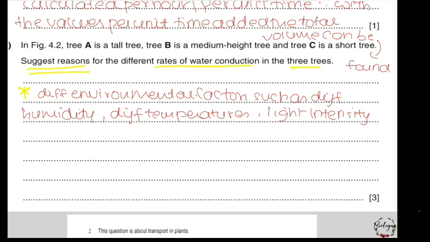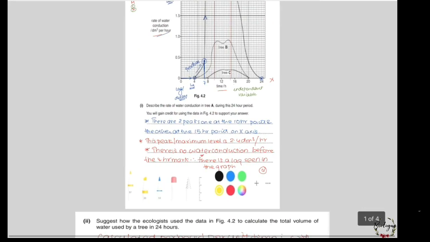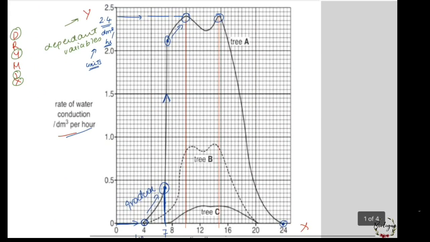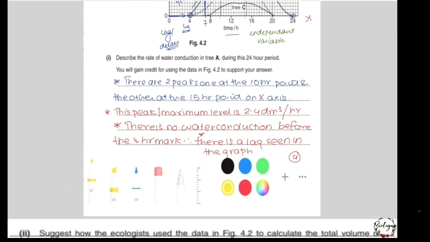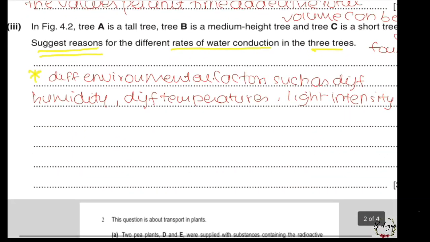The second point could actually be the different height itself of the tree. For example, tree A is the tallest. So if you think about it, tree A being the tallest would mean that tree A is nearer to the sun. So you could tie this back to the idea that the taller trees would be nearer to the sun.